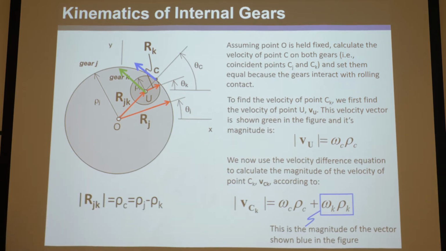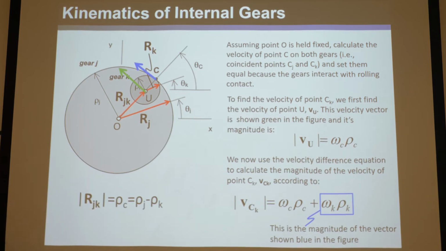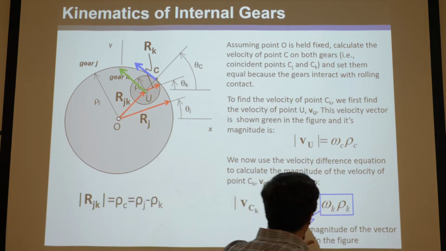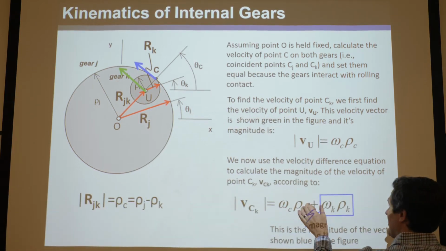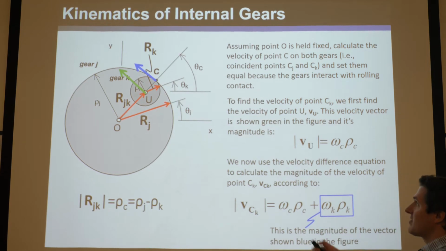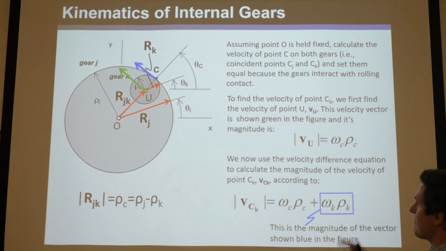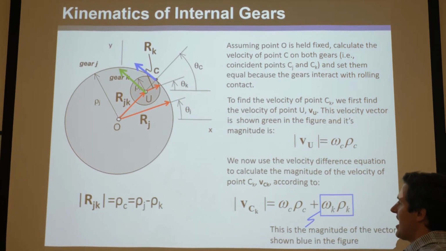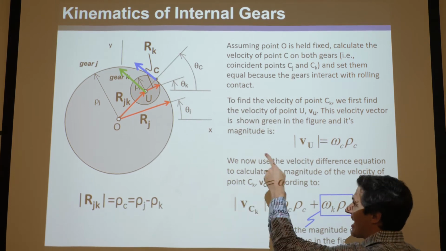If that confuses you, go back to the last example, where we did the same thing. We assumed everything's positive, but because C was on the other side, this went in the opposite direction. So in the internal case, we truly have this plus this, positive, because green and blue are both in the same positive direction, so we add them. And that is the velocity of C on K.